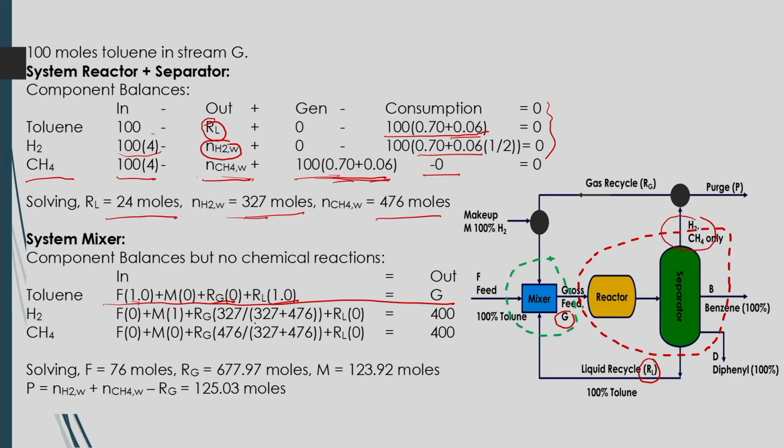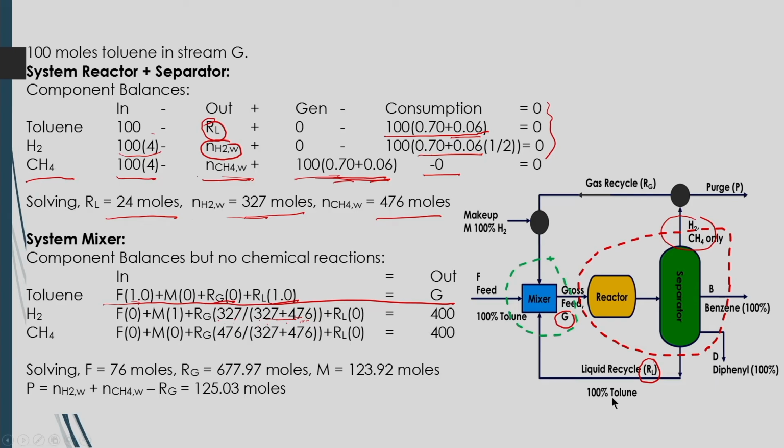So, we can write here Rg into 327 by 327 plus 476. Why 327 plus 476? This is the total moles of hydrogen and methane, and since 327 is for hydrogen, we can write here the hydrogen mole fraction. So, Rg into the hydrogen mole fraction will be your total amount of hydrogen coming into the mixer.